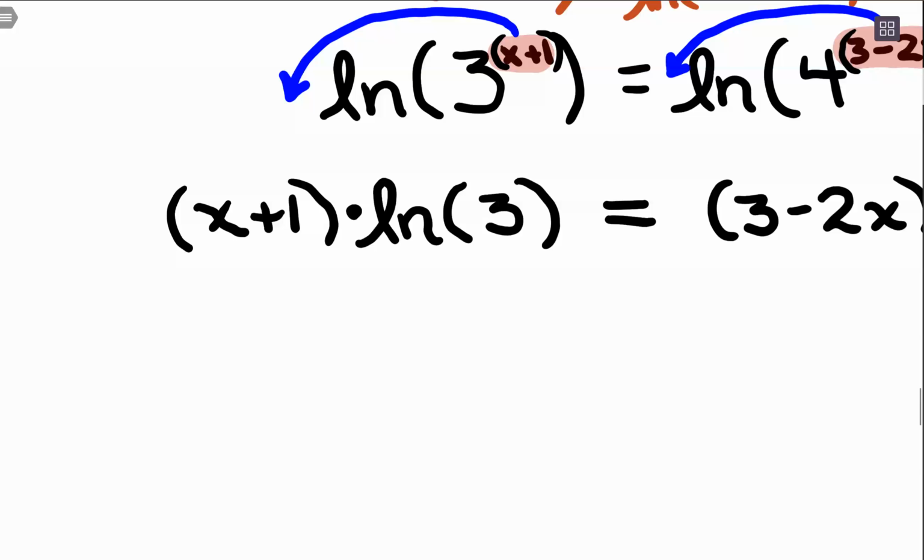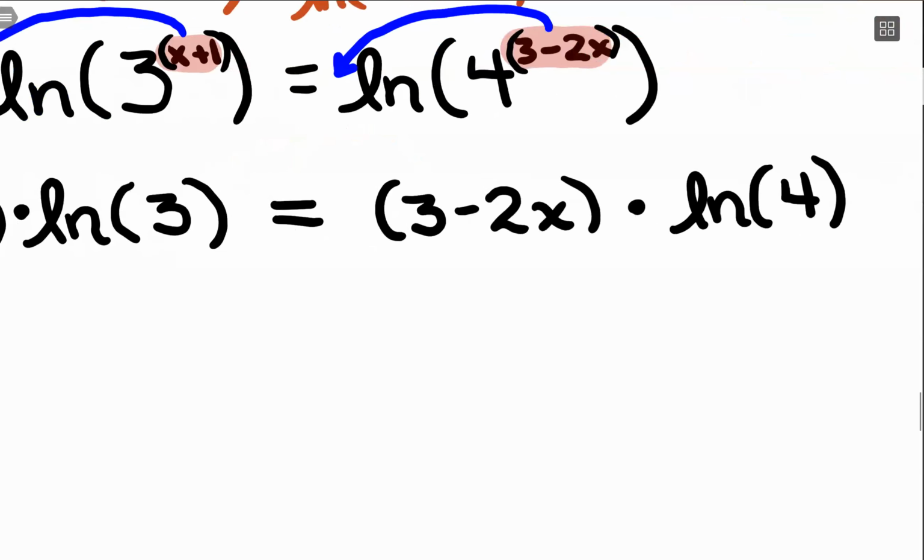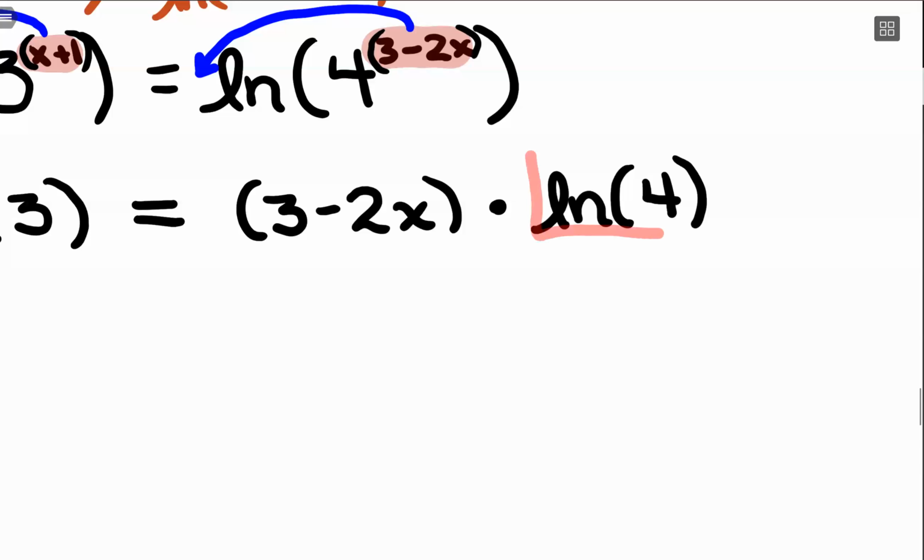This is where distribution comes in, because we would distribute that constant into the parentheses in order to carry out that multiplication. Same thing on the right-hand side, we have just this number coming through here, and to multiply with an expression with multiple values adding or subtracting together, we would need to distribute in.